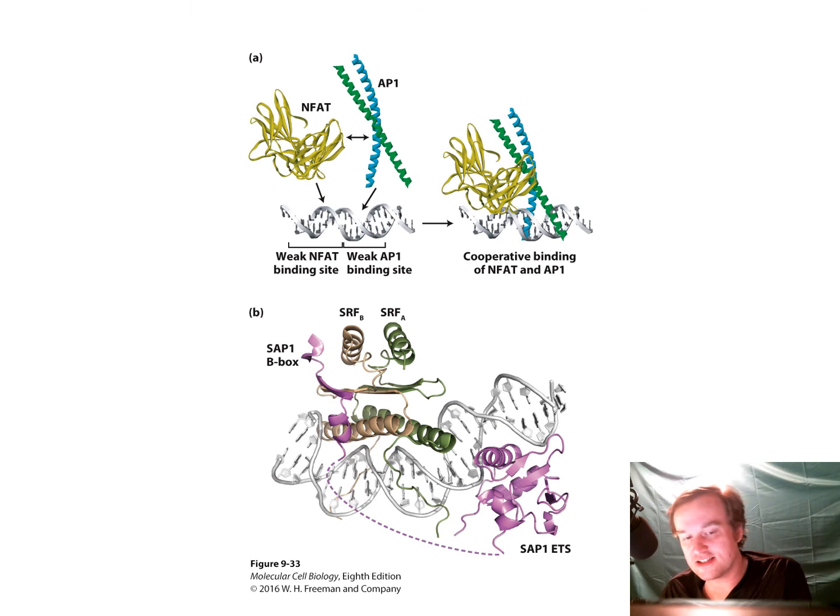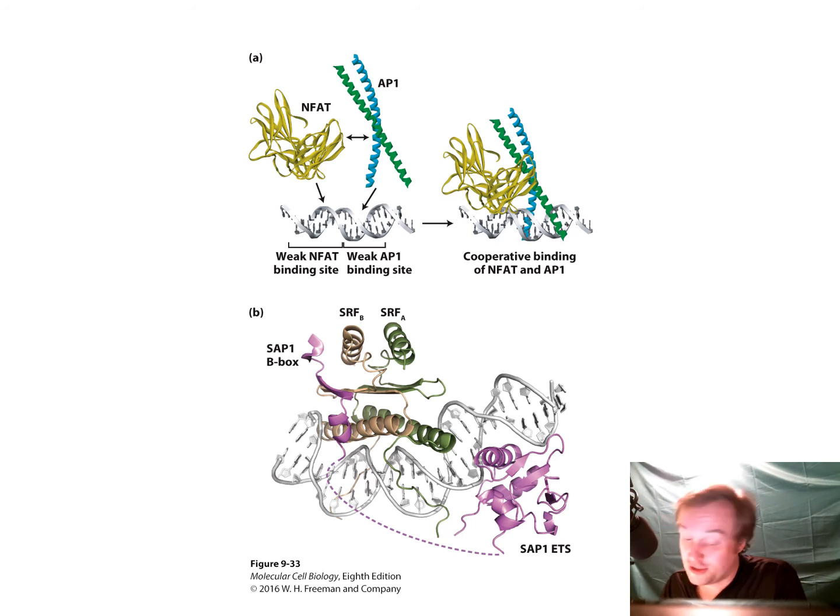In some instances, we need 2 transcription factors that are unrelated to bind to neighboring sites in what we call a composite control element. And so combinatorial transcription regulation is what this is known as. And this involves the interactions of these 2 unrelated transcription factors.